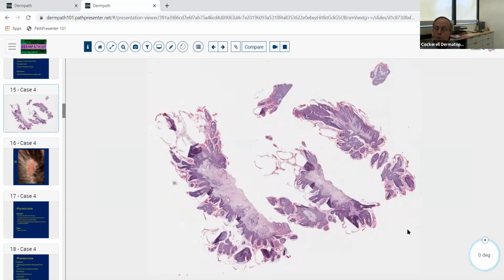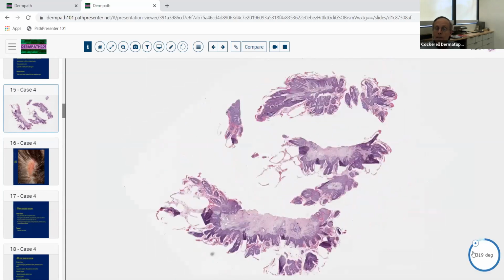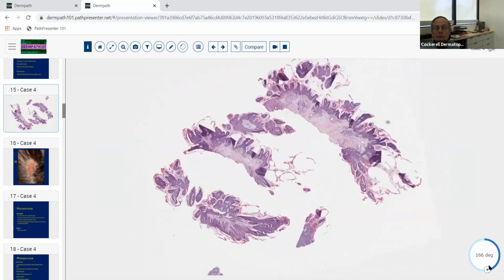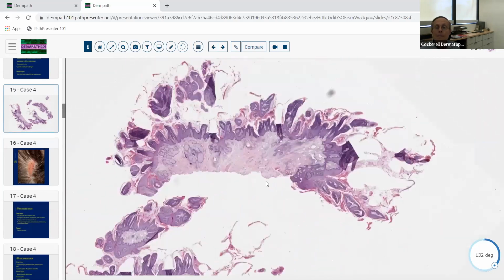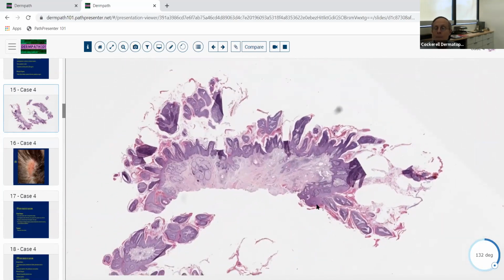Okay, let's take a look at this one. So another neoplastic-like process, and we'll turn it over here. And we've got a papillated lesion. So it's also an epithelial process, okay? And at low power, it's got all this digitation where the epidermis is thrown into these little papillations and digitations.